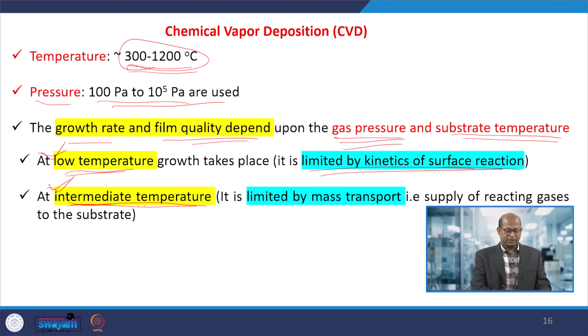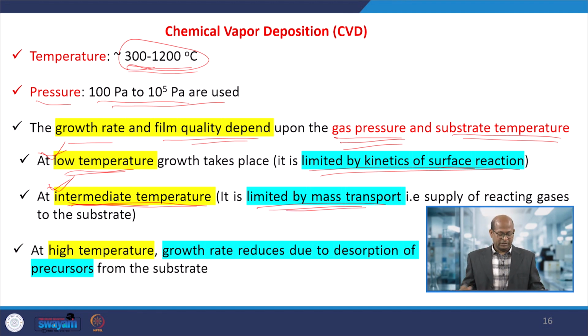At intermediate temperature, the process would be limited by mass transport. We will discuss that later. And at high temperature, the growth rate would be reduced due to the deposition of precursors.